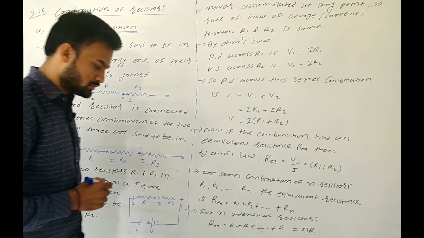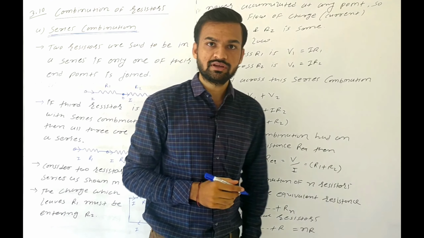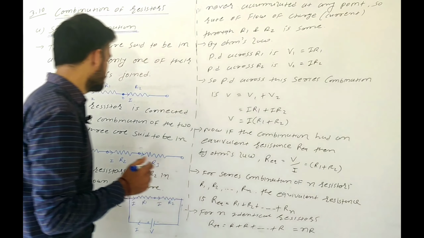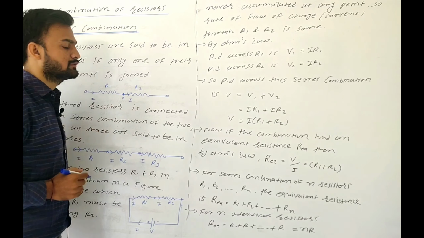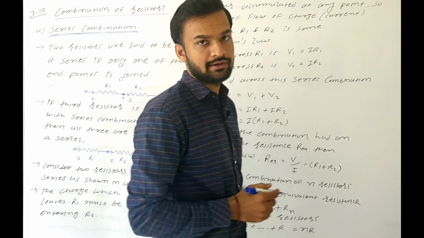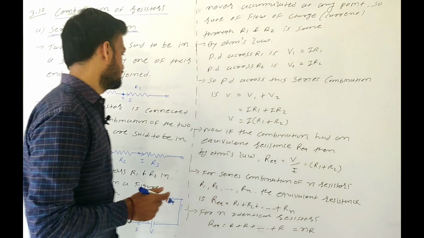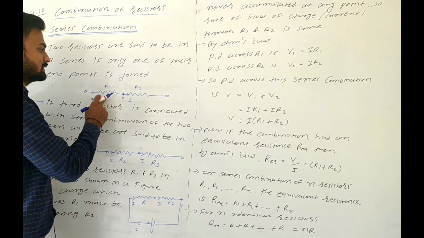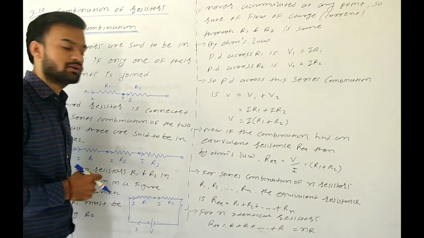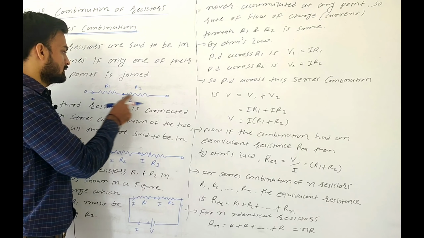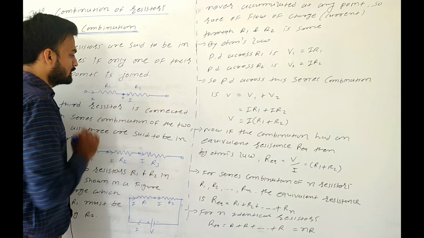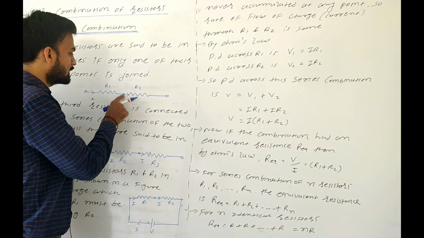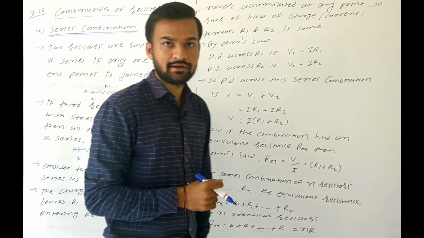Two resistors are said to be connected in series if one of their ends are joined to each other directly. Over here, R1 and R2 are connected in series because one end of R1 and R2 is joined directly.